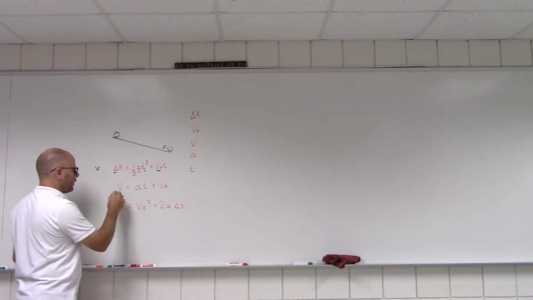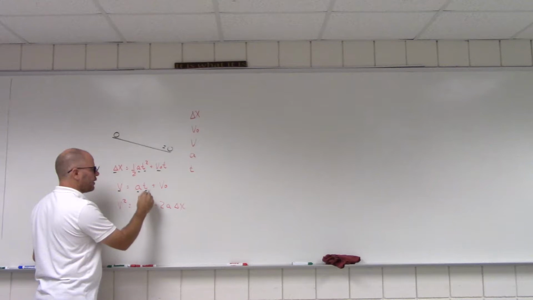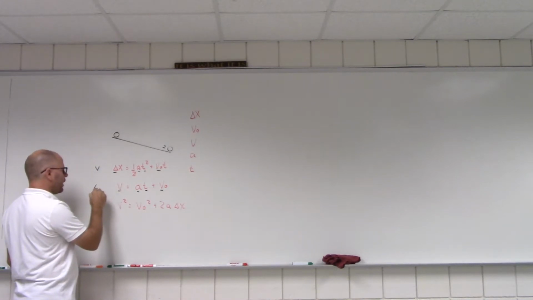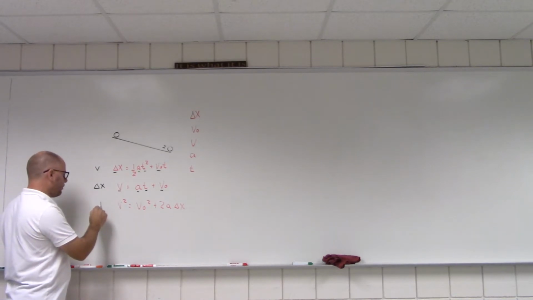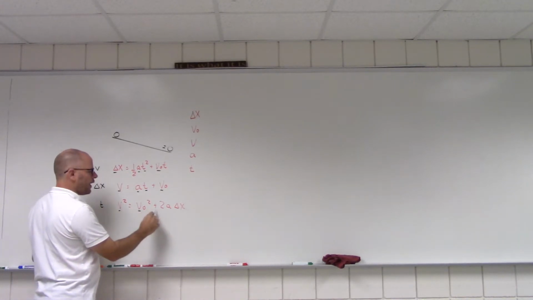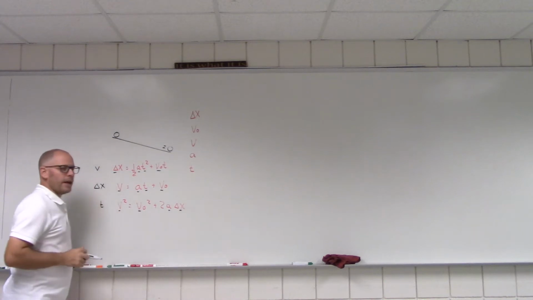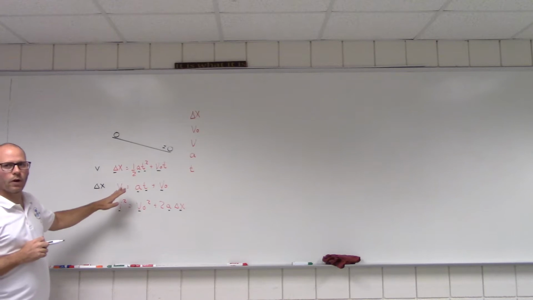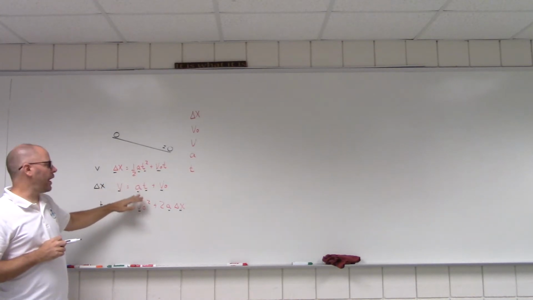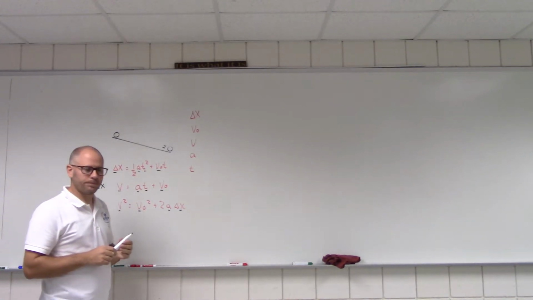Just like this one, final velocity, acceleration, time, and initial velocity, we're missing the displacement. And this one down here, you have initial and final velocities, acceleration, and displacement, and you're missing the time. So as we go through and we solve these problems, you're always looking for what you have, what you don't have, and that's how you choose.